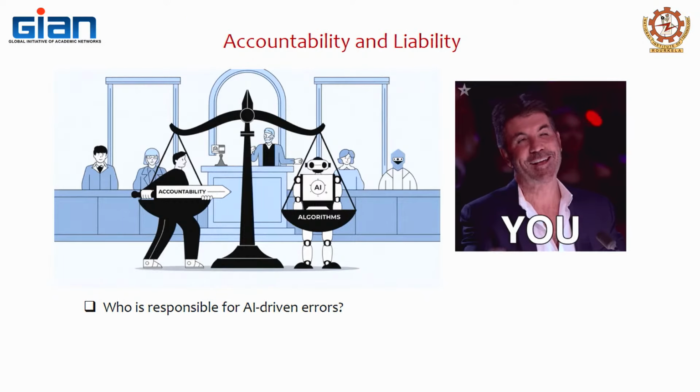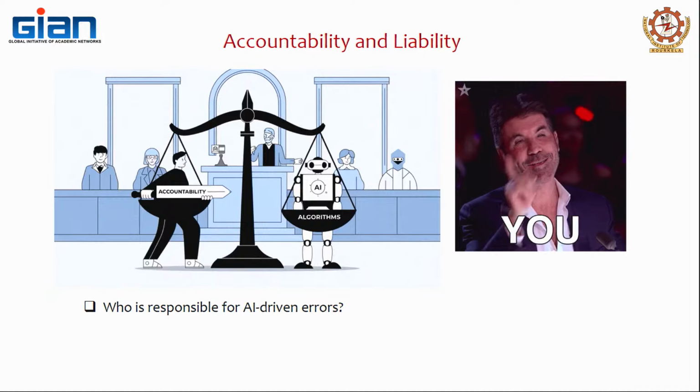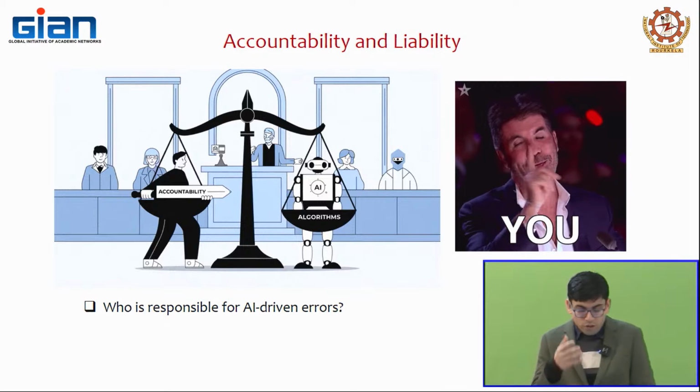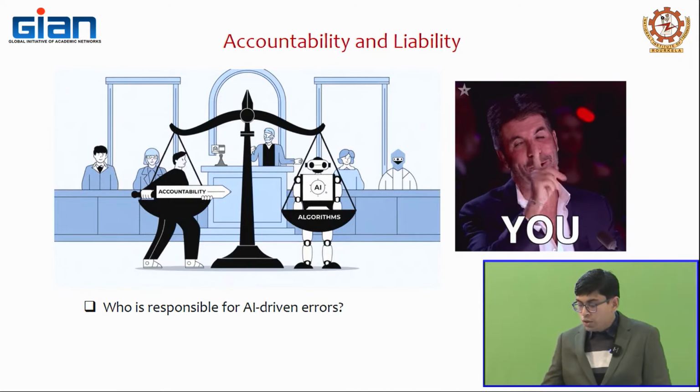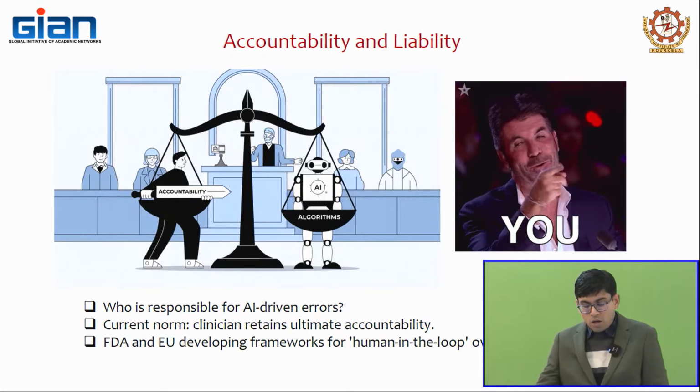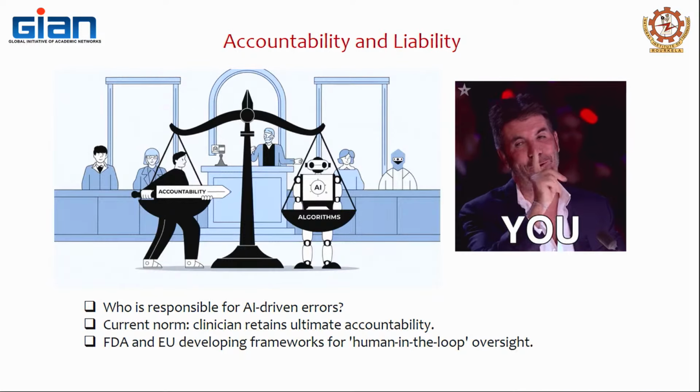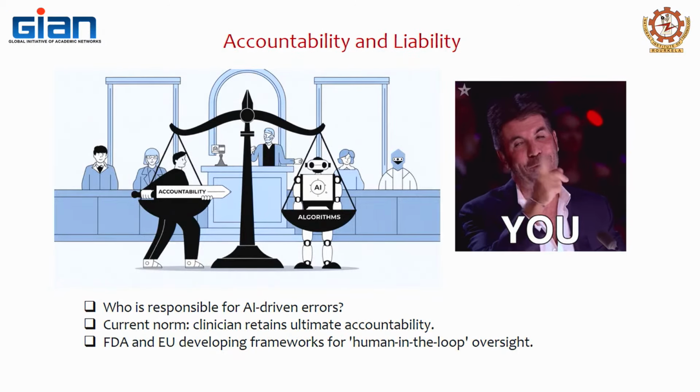Okay, so accountability and liability, who is responsible for AI-driven errors? We discussed this yesterday. Usually the clinician retains the ultimate accountability because they are the ones who will be using the systems. And even though at times this is unfair on the clinician, what the FDA and EU are trying to do is develop frameworks that have human-in-the-loop oversight.